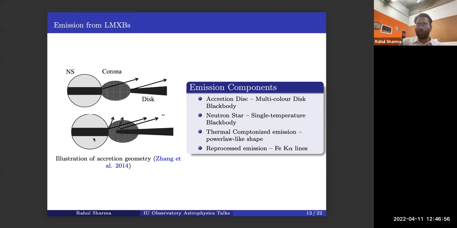Depending on the shape of the corona and how it is distributed, the contribution of the seed photons changes. Apart from that, we get the reprocessed emission. The emission from the corona can go to the disk and get reprocessed, and we see an iron emission like feature in these sources. So this is the overall geometry of the low mass X-ray binary system.